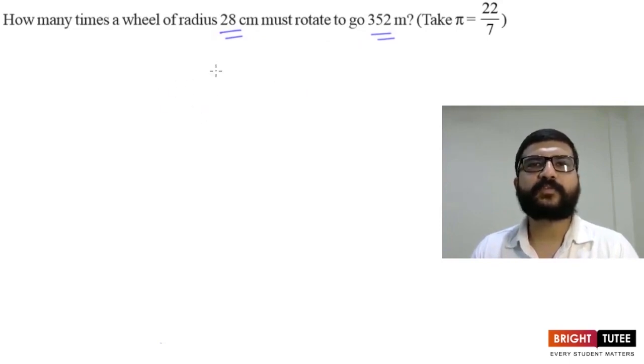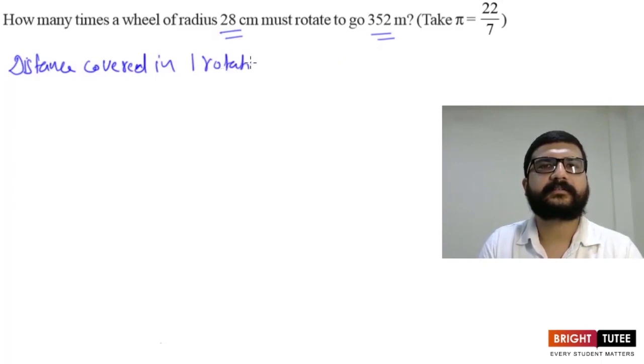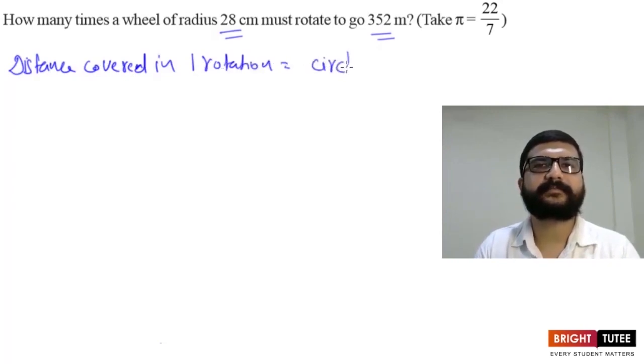So what do you think about the distance covered by the wheel in one rotation? We know the distance covered in one rotation is equal to the circumference of the wheel.